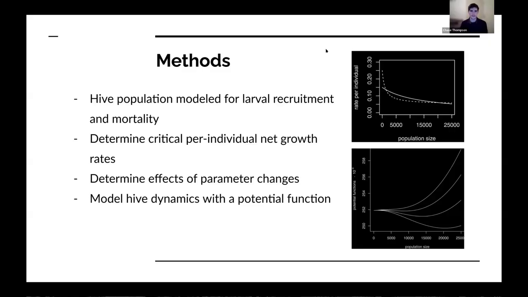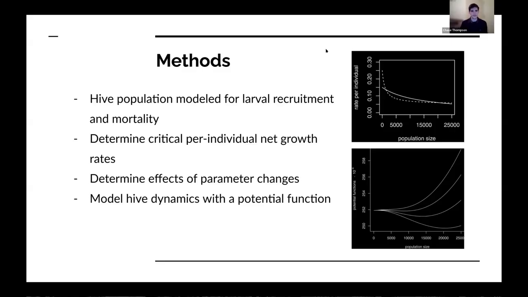To begin the development of this model, the mortality and population increase rate in a hive was determined, as you can see on the top right graph, where there are two critical values where the mortality in the dotted line meets the population increase rate in the solid.